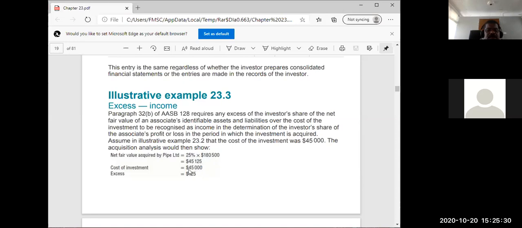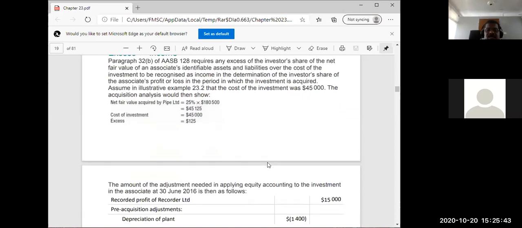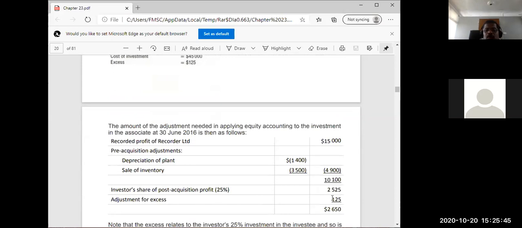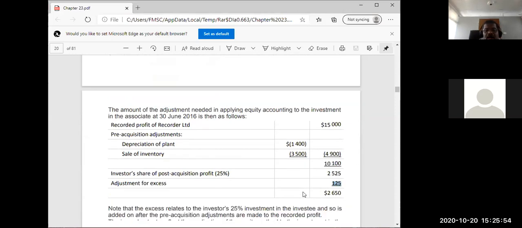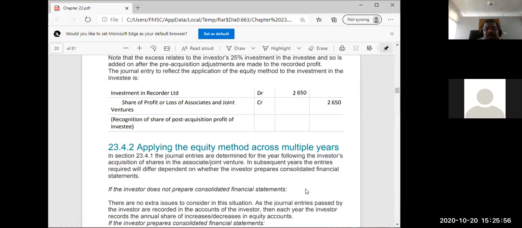So the purchase consideration is lower than the investor's share of net assets at fair value. So 25 we directly charge to the P&L of the investor. I think you can remember that part.